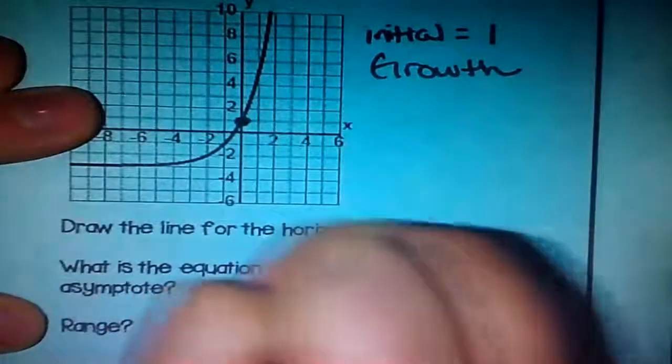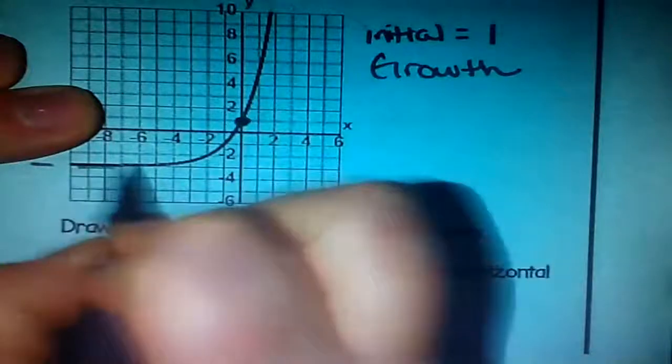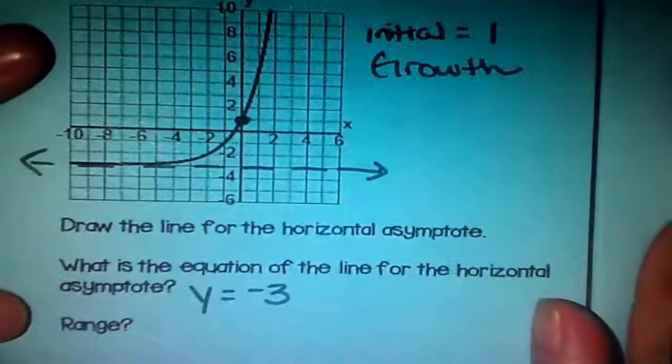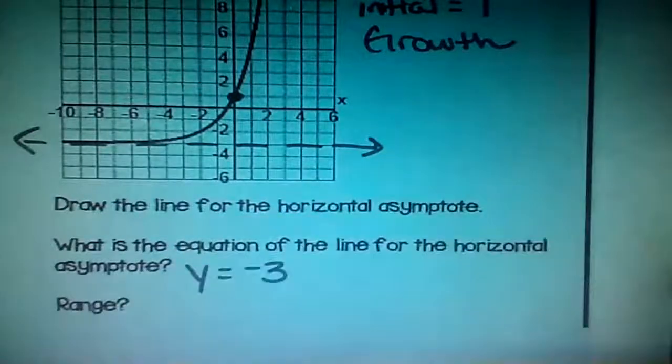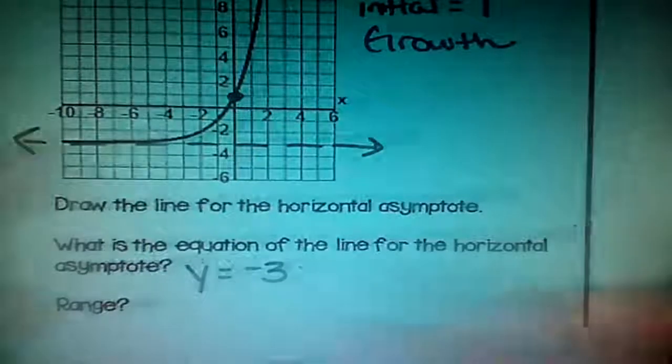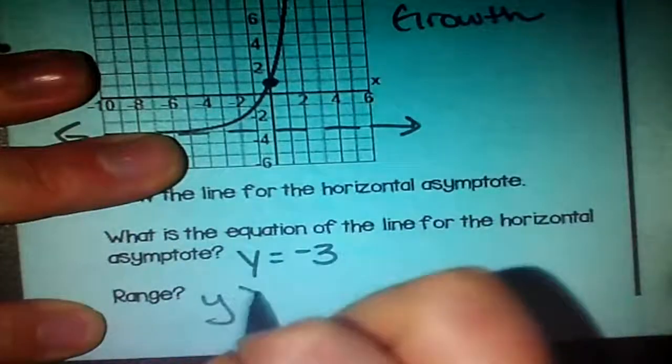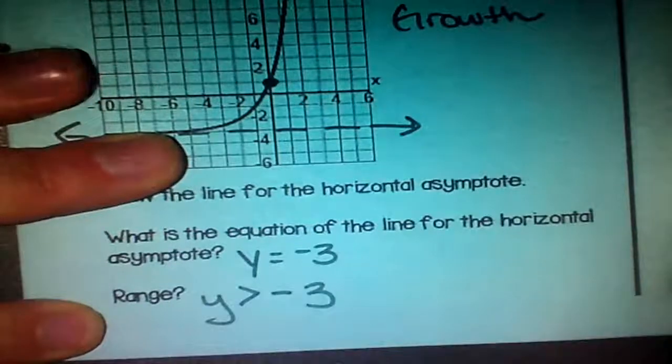So y equals -3 is my asymptote. And you would draw it in here. Okay, so take a look at your picture. Is it above -3 or is it below -3? Above. So my range is y is greater than -3.